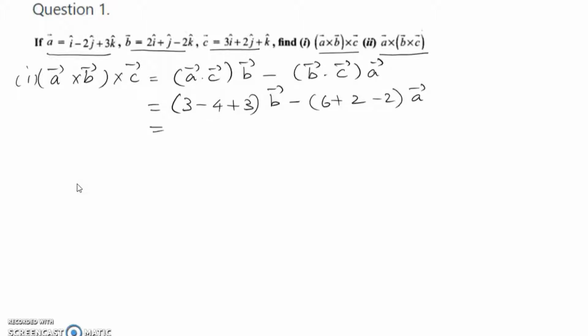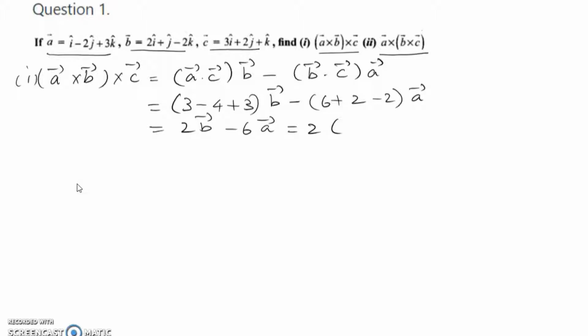So that will be equal to 6 minus 4, 2B vector, minus 6A vector.